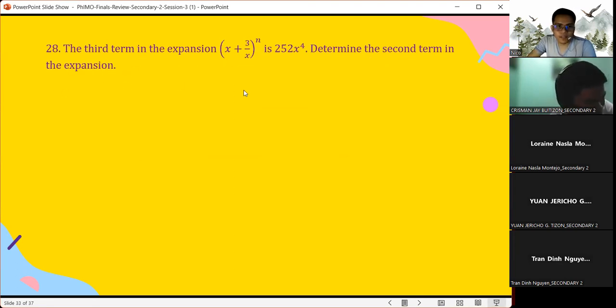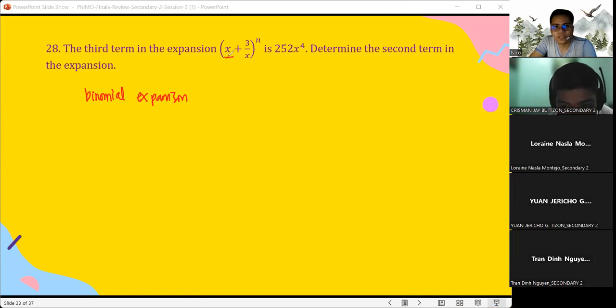Okay, let's have number 28. The third term in the expansion of x plus 3 over x, to the n, squared is 252x to the 4. Determine the second term in this expansion. So you need to know the second term. This is what we call the binomial expansion.